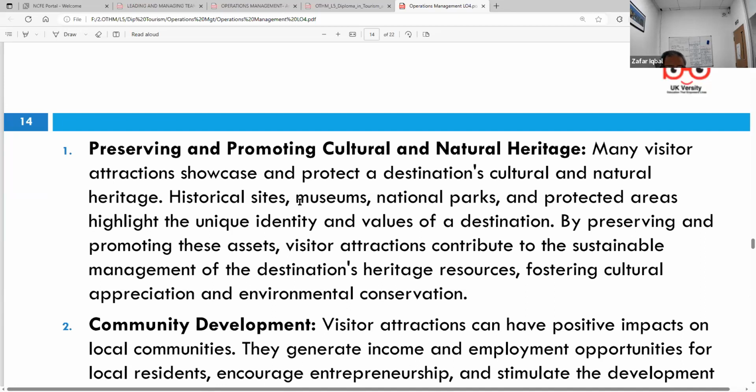So you need to make sure that preservation is maintained, that's why we have a lot of grade 1 listed or grade 2 listed buildings. So you're not damaging the historical places, making sure that these are maintained because they provide an identity, they provide an image, they provide some kind of value, they provide some kind of heritage, right?